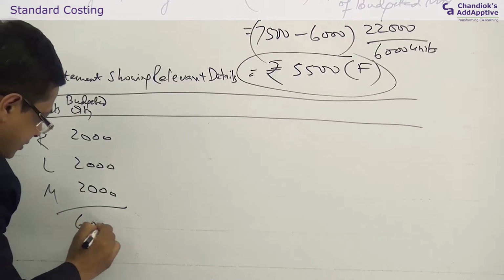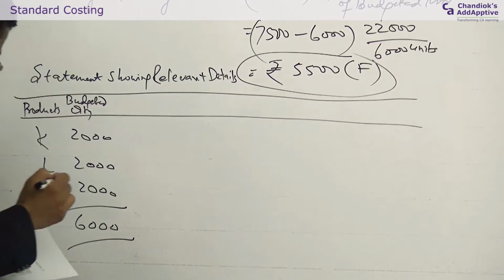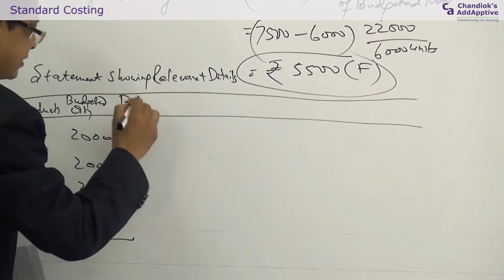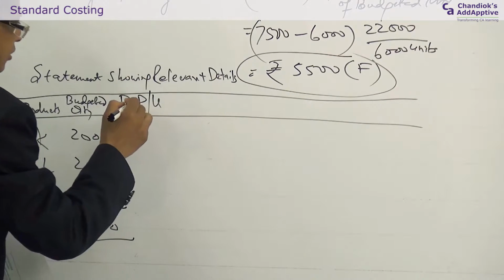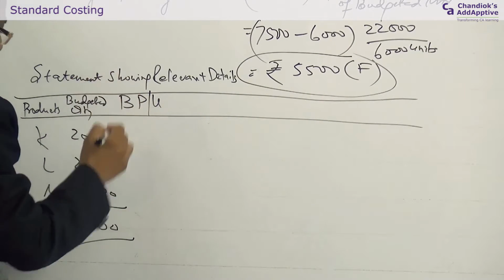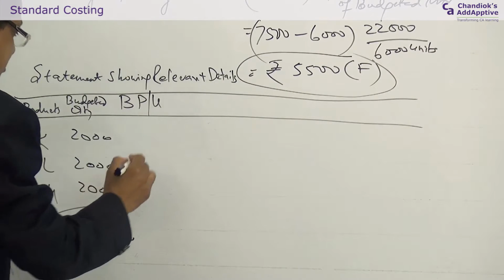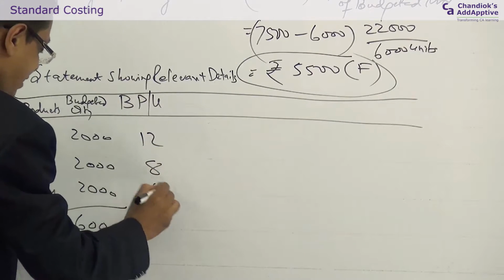So, the total is 6000 here. You have budgeted price. So, what is the change in previous formula? Instead of margin, we have put price. This is 12, 8 and 5.